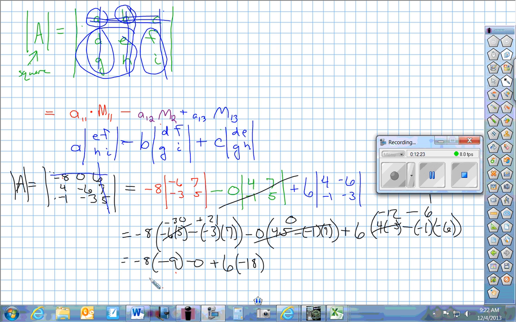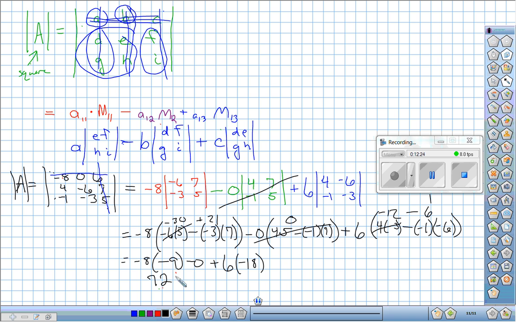Okay, so I have +72 minus 0 minus 108. 72 minus 108 gives me -36. And my determinant for A, I can just write this as -36.